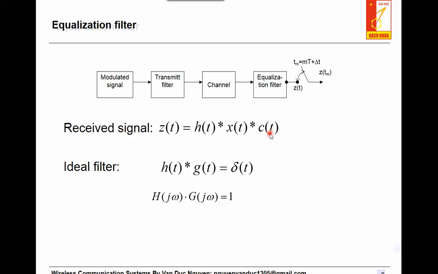That means in the time domain it should be constant.